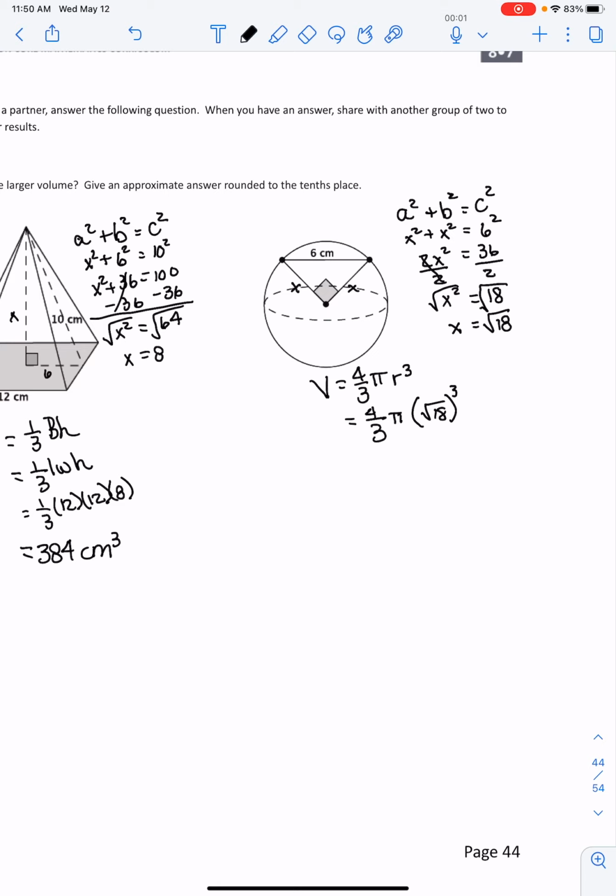So you can put this in your calculator, but what you have to do is hit the left parenthesis button first, then hit the square root button of 18, then hit your up arrow, your right parenthesis button, and then your arrow button in 3. What it would look like is this.